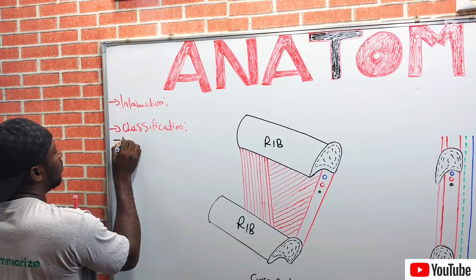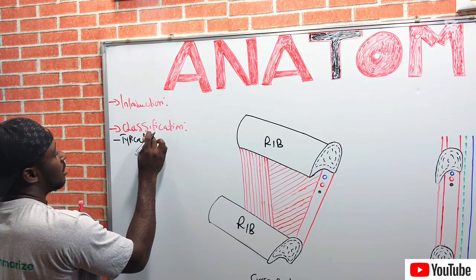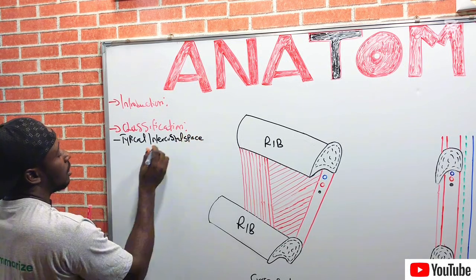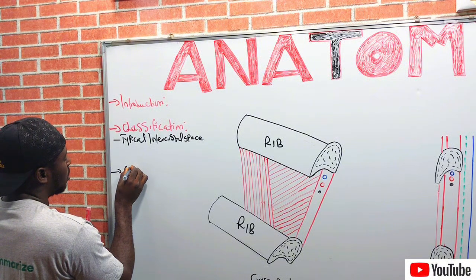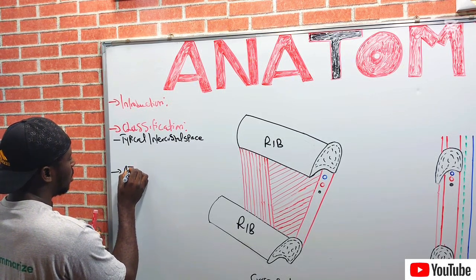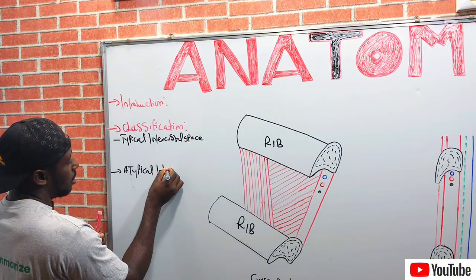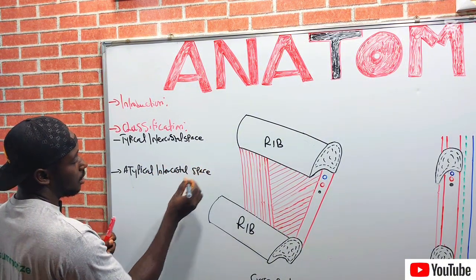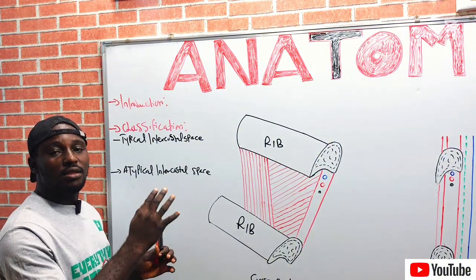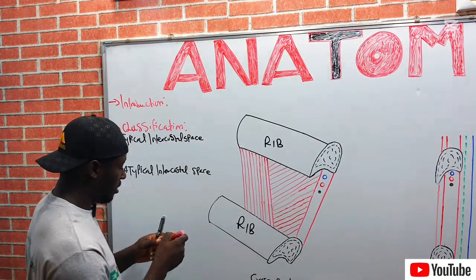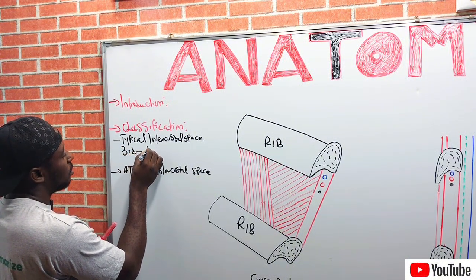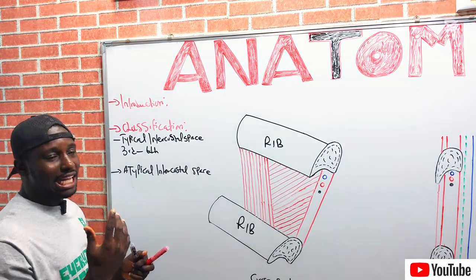So we have typical intercostal space. The typical intercostal space is formed by the third to sixth intercostal spaces.